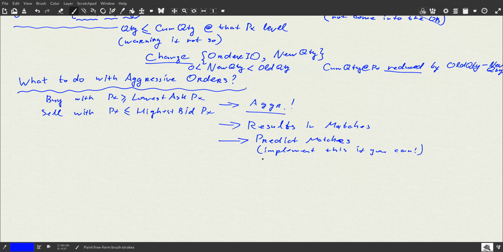Predicting the matches is a relatively difficult task to do, because imagine that your aggressive order can affect not just one price level, for example, the lowest ask or the highest bid. It can affect many price levels, and it may even be a market order, in which case you need to calculate which price levels it will affect, up to the point when this aggressive market order itself is completely filled.